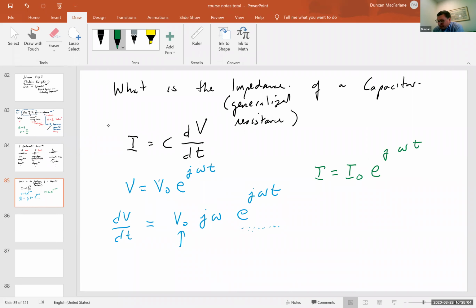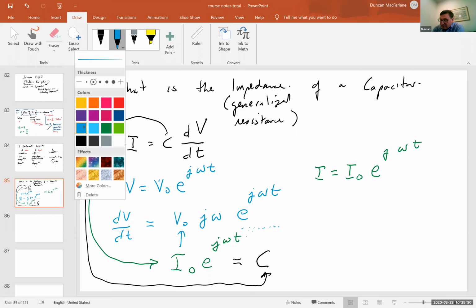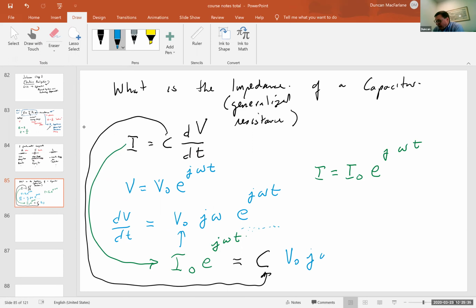And so I have the equation I naught e to the j omega t, that's this piece here, is equal to C, that's this piece here, times V naught j omega e to the j omega t.